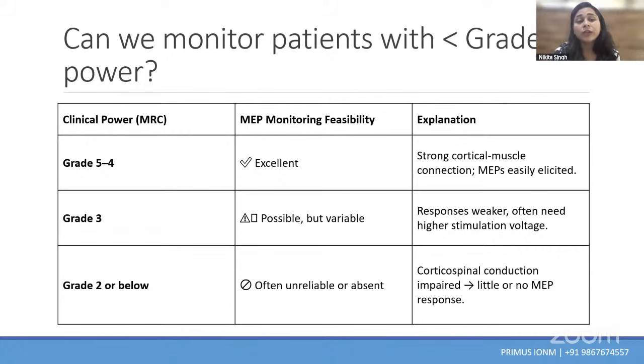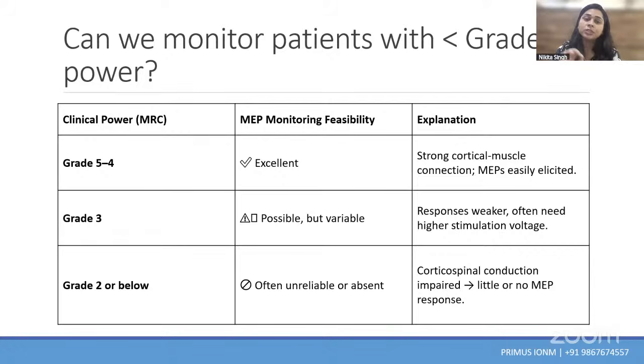In the case of grade 2 or below, we often get an unreliable response, or most of the time it is absent, because the corticospinal conduction is impaired and there is little to no muscle MEP response. So your D-wave, EMG and SSEP play an important role.